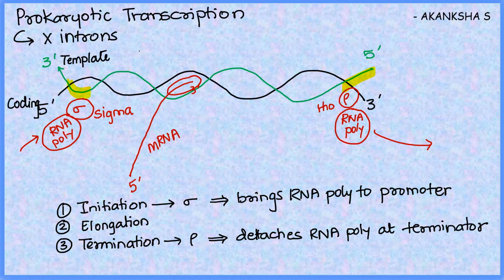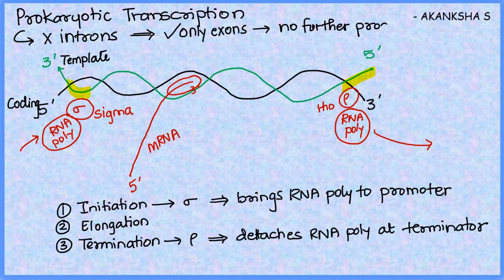In your prokaryotic transcription, things are rather simple. There are going to be only exons, so there is no need of processing. No further processing to remove any unnecessary intron, right? Because there is no further processing, the transcription would be simultaneously done with translation.